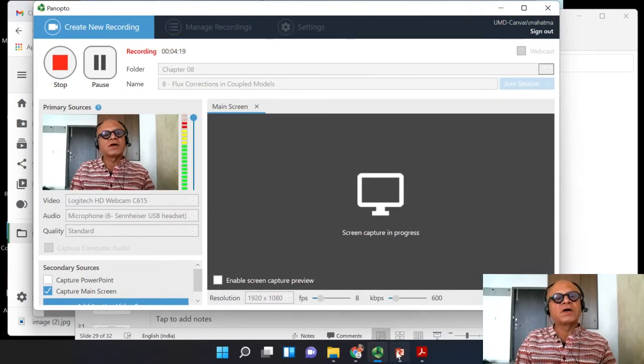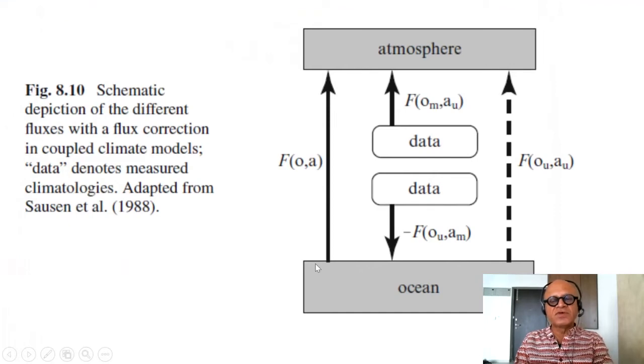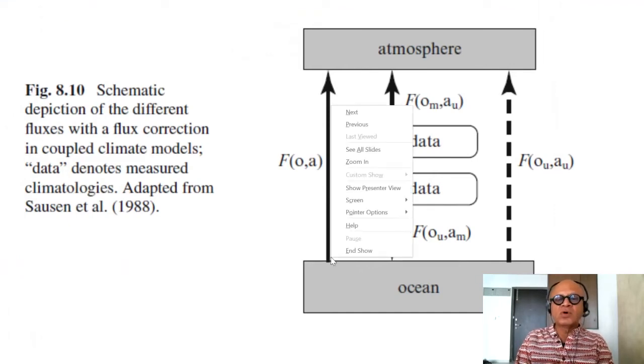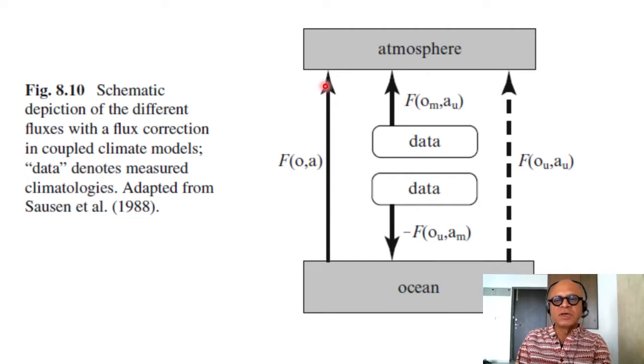So we look at the models and the biases, and we say there is an ocean to atmosphere flux that is produced, but then you have an uncoupled atmosphere and what it should see. So you take the ocean state from measurement.